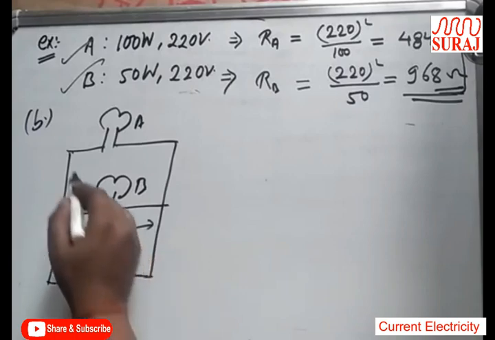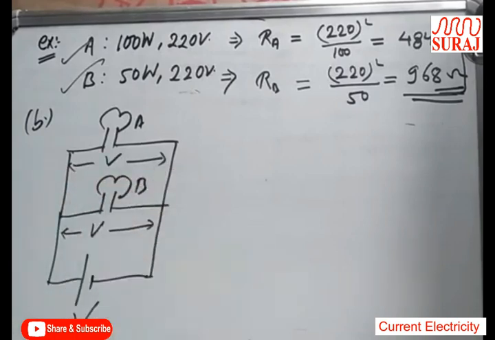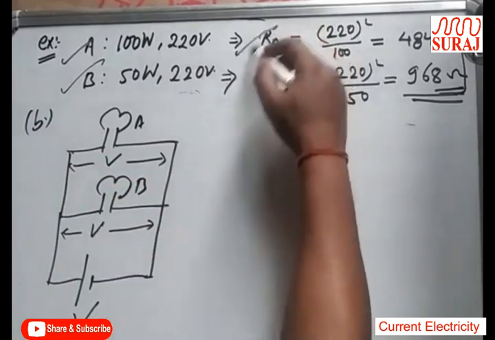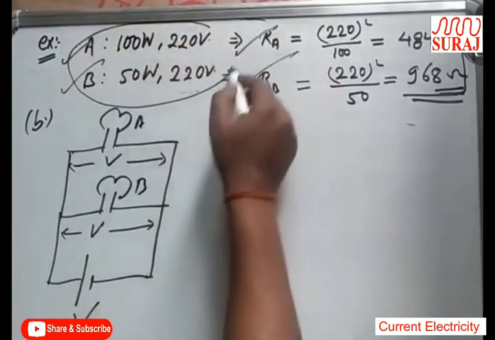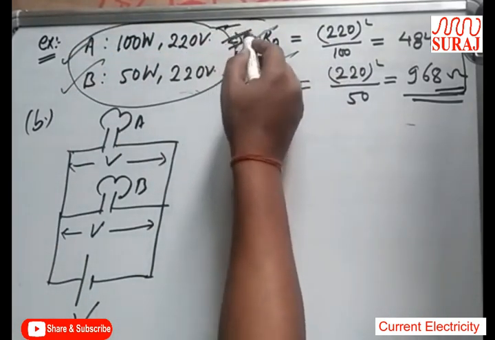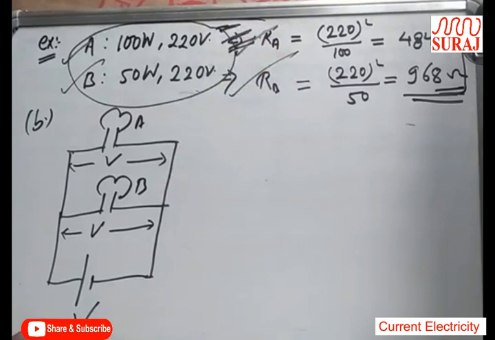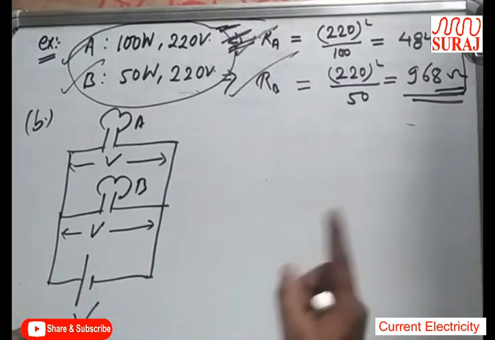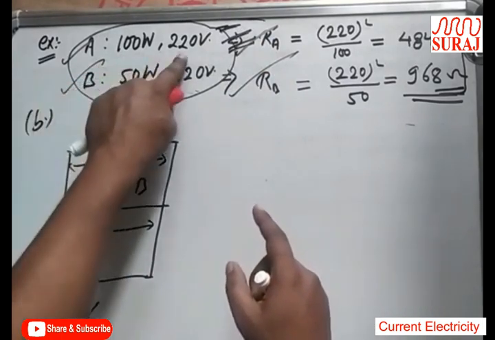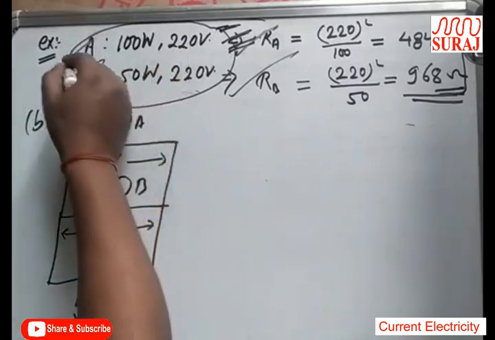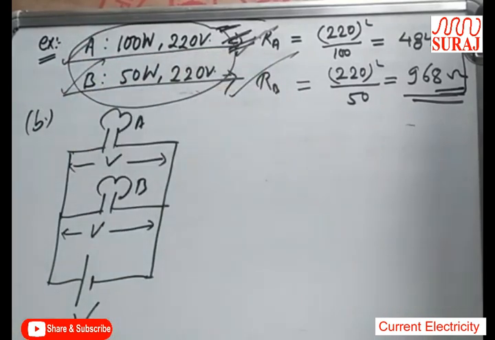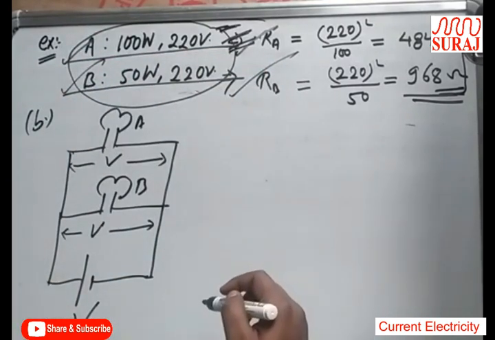Means the voltage V here and the voltage V here. The resistance will be the same because it is calculated from the rating only. We do not calculate the resistance from the applied source. We will always calculate it with the given rating. This standard is set by the manufacturer who provides you the instrument.